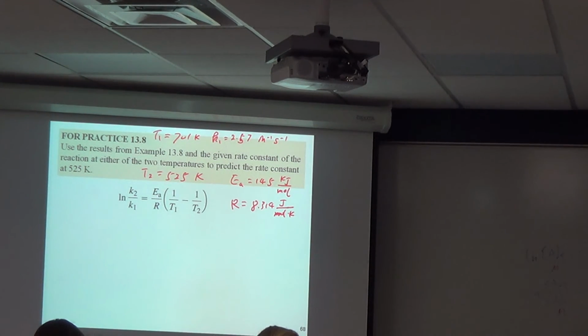So that is kilojoule. Now let me give you one equation: 1 kilojoule is 1,000 joules. Okay. So make sure you change the EA into joule per mole, or you change the R into kilojoule per mole per Kelvin.